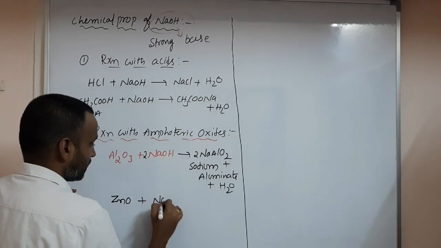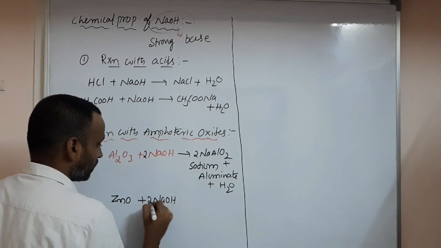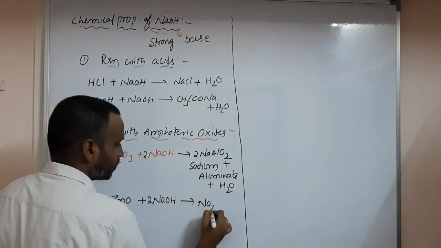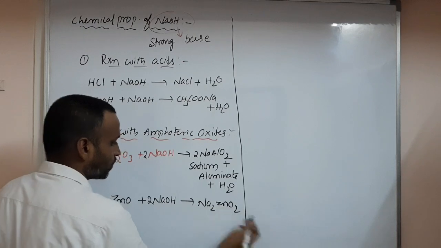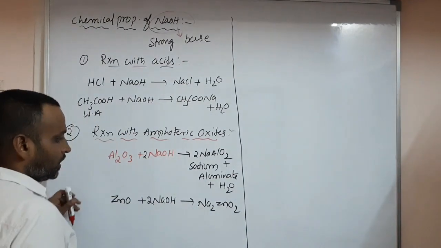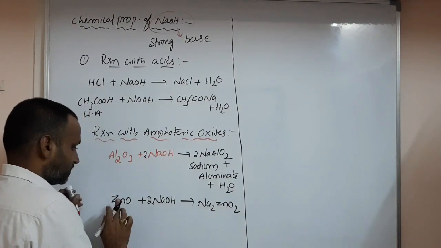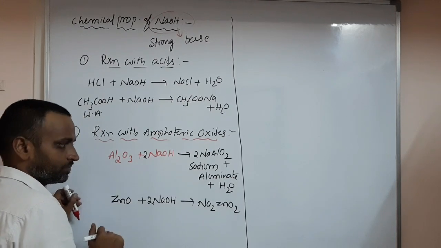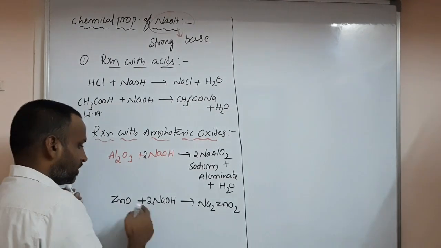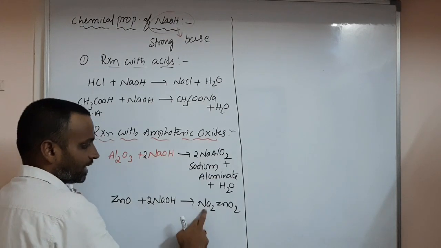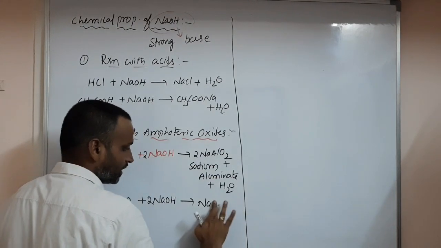ZnO plus NaOH. Do you know what will come? Na2ZnO2, sodium zincate. ZnO, zinc oxide, is amphoteric. Here ZnO with NaOH gives Na2ZnO2.